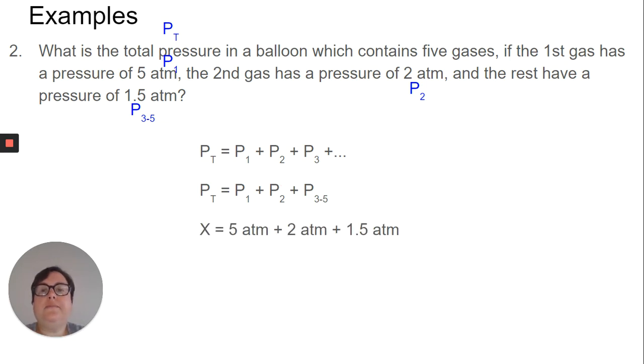Plug in the numbers. We're solving for the total. So again, we're going to add these together. This is the only time we add and subtract. And we get 8.5 atm. Now, when you add and subtract, significant figures are based on decimal places, and 5 atm and 2 atm have 0 decimal places. We want 0 decimal places in our answer, so we're going to round that up to 9 atm.